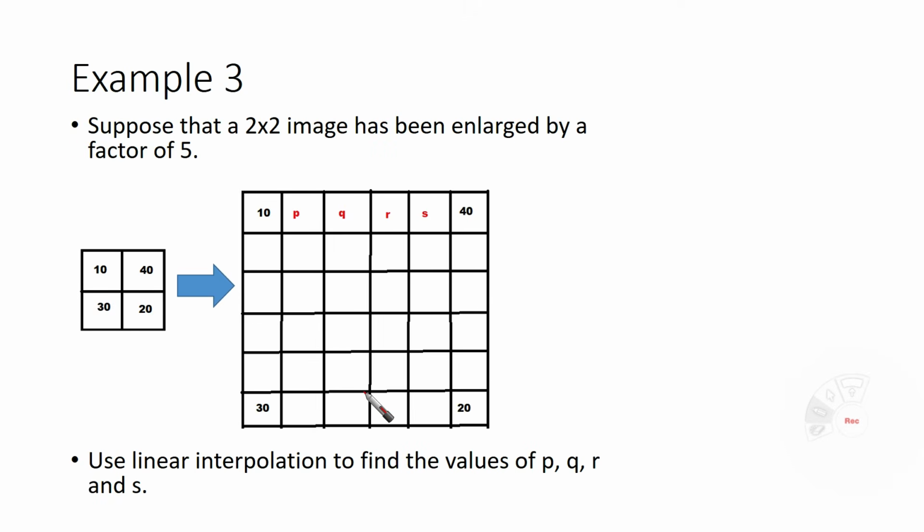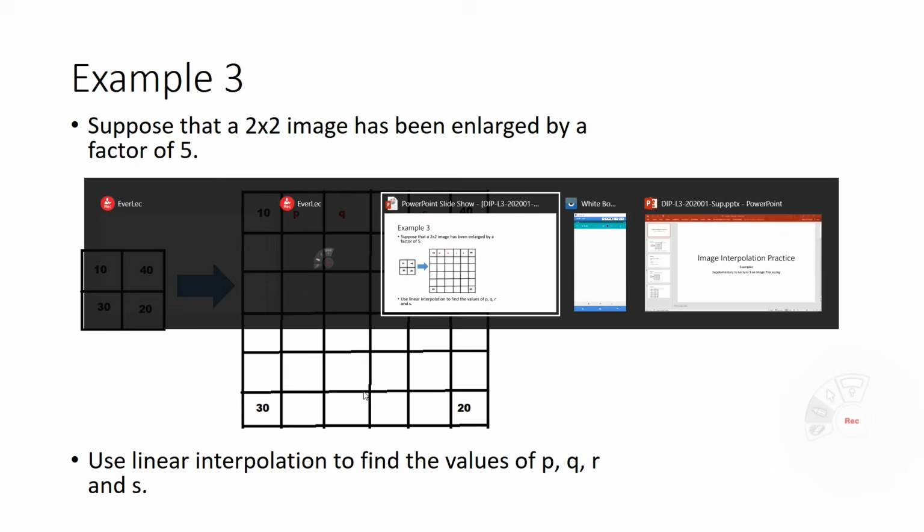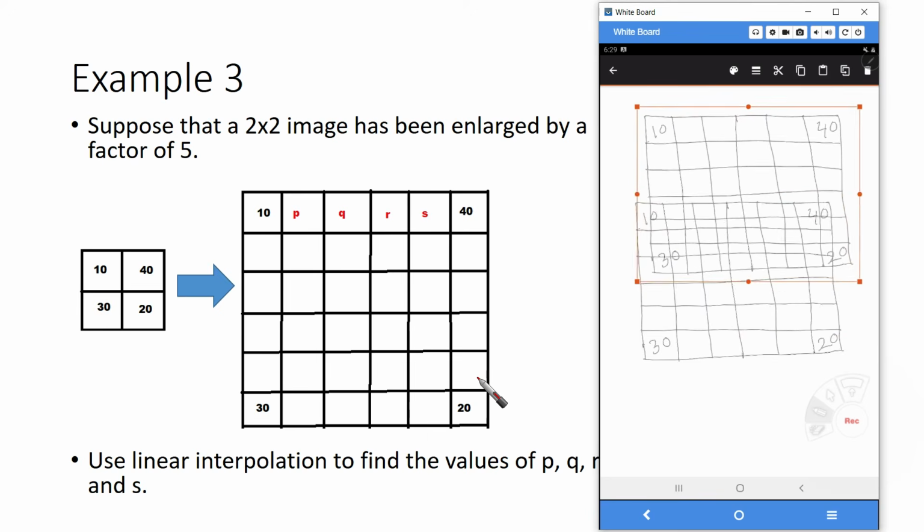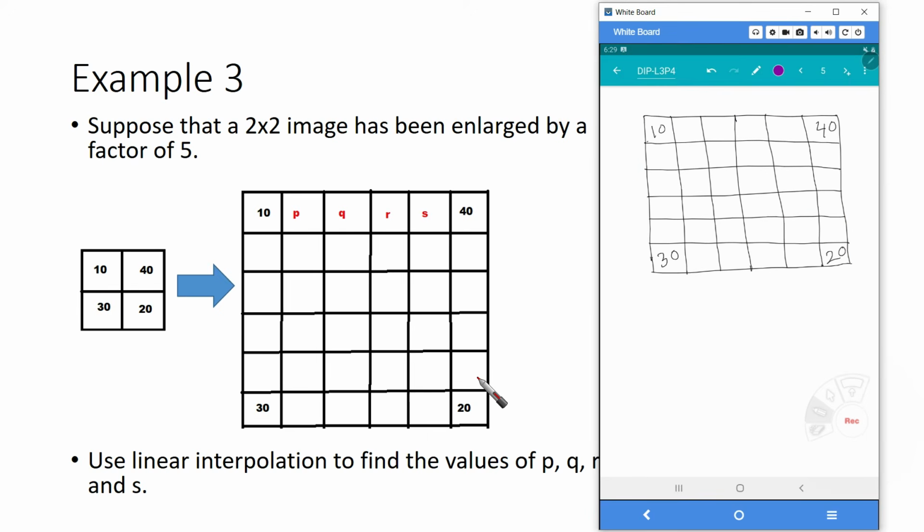I have a similar diagram here. Now first, let's say we want to calculate the value at the P pixel.